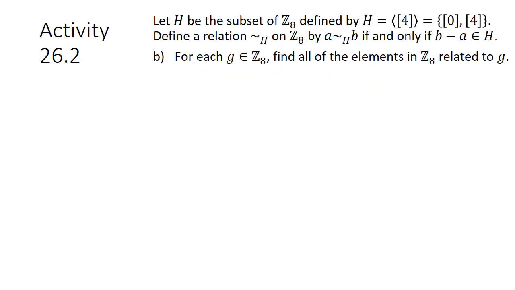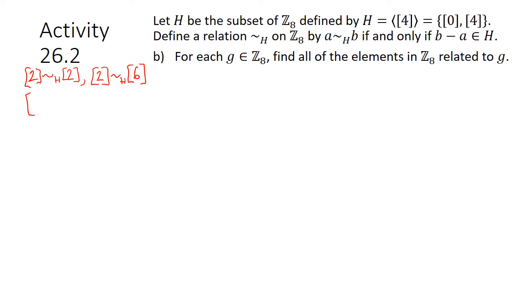Okay, so continuing on, we're going to do the same thing we did in part A, but for all of the different elements. So we found that 2 was related to 2 itself, and that 2 is related to 6.